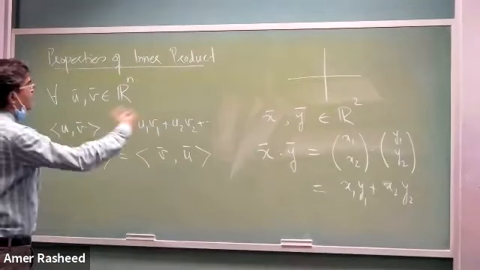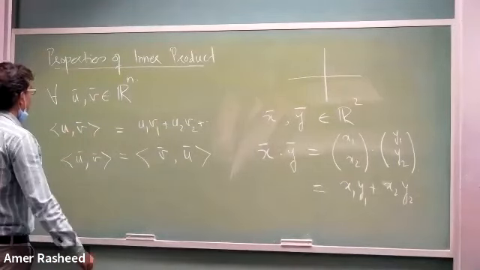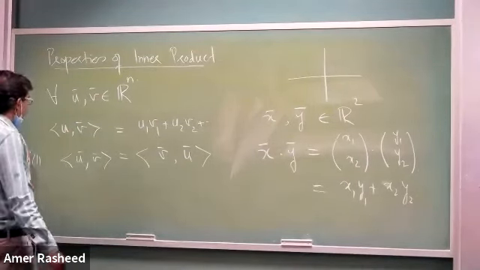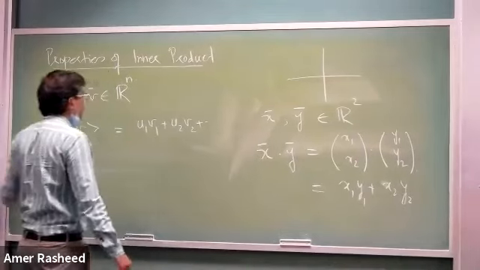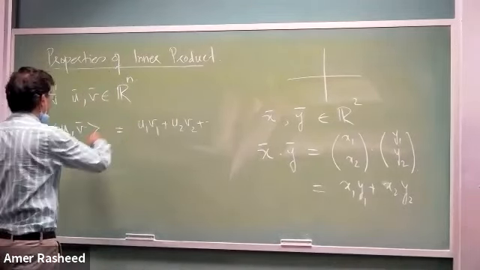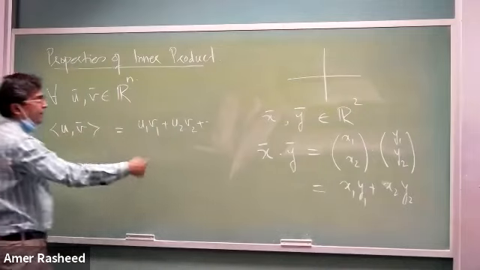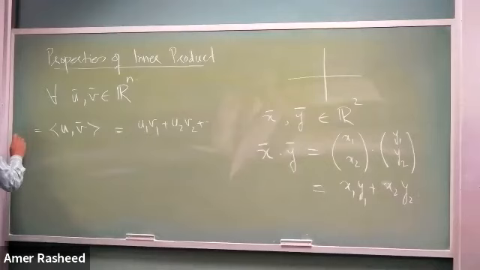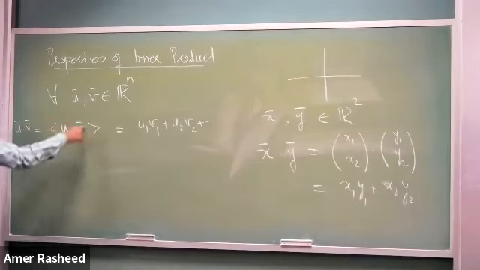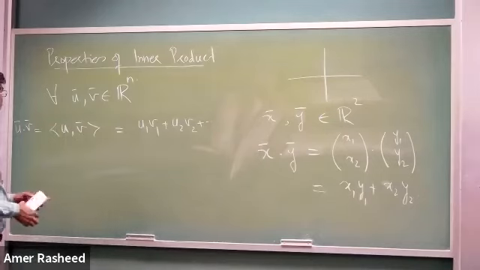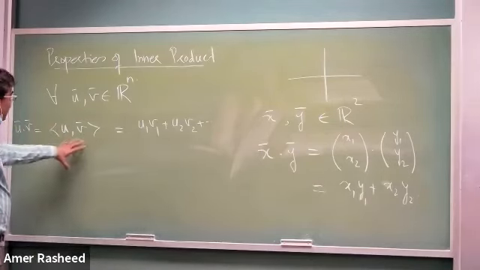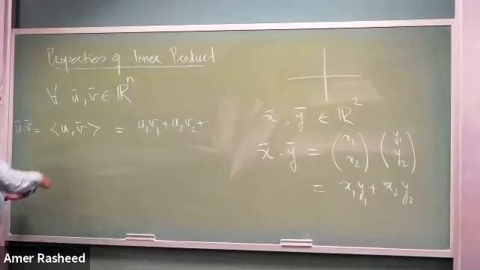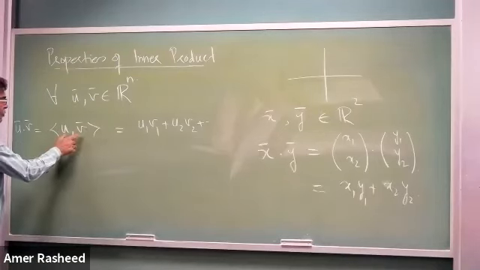Now, if we generalize this concept in Rn and we assume that we have two vectors u and v, they belong to Rn, then their dot product is basically defined either in this way, u dot v, or we call this dot product the inner product, and we define it with the brackets less than, greater than, u comma v.